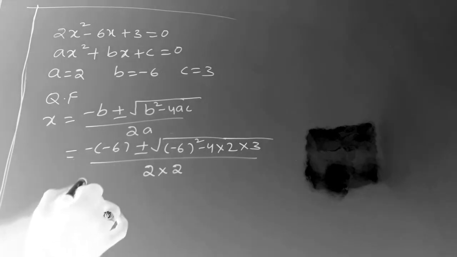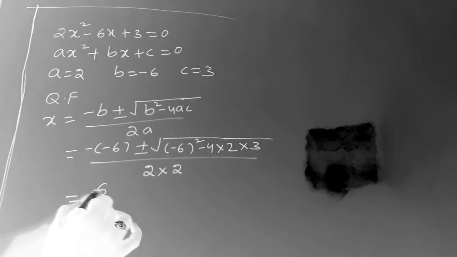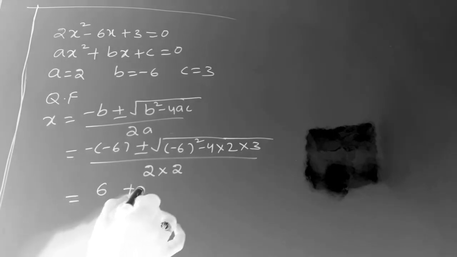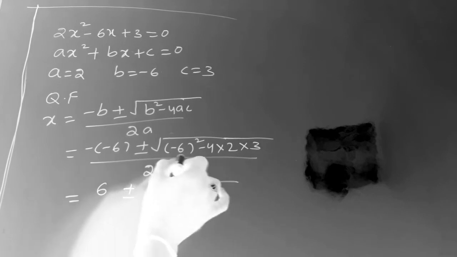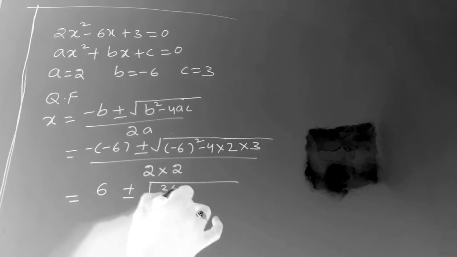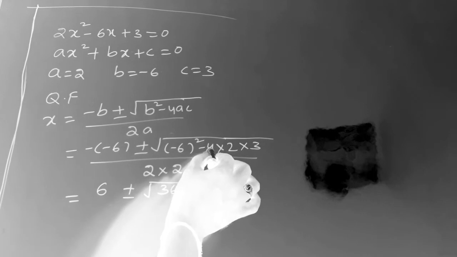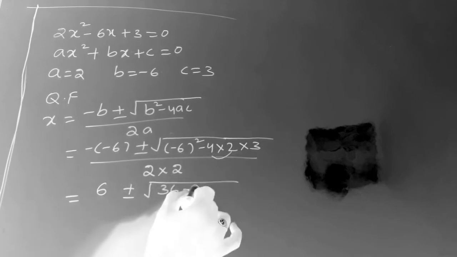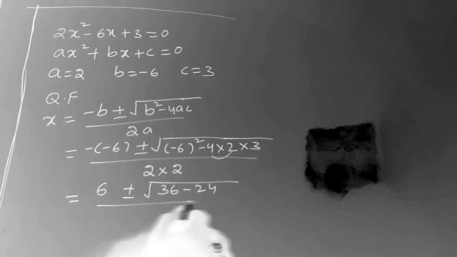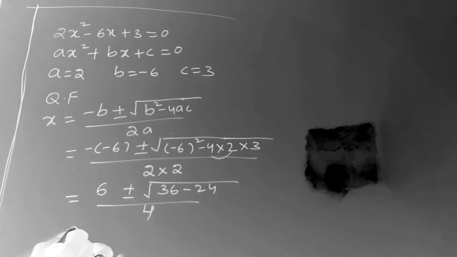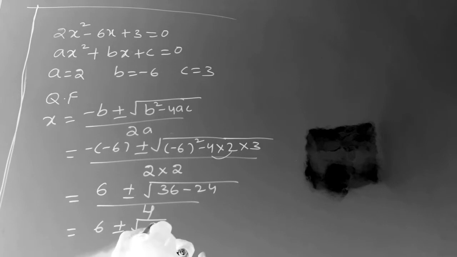So this is minus into minus will be plus 6 here, plus or minus. So this is 36 minus 4 2s are 8, 8 is a 24, by 4 here, 6 plus or minus under root of 12 by 4.